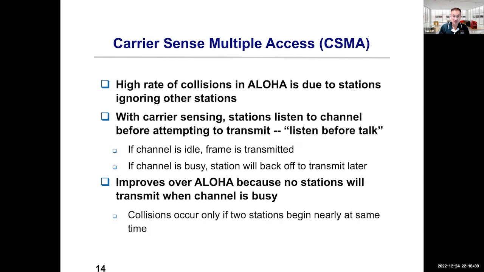That's why they created what they call carrier sense multiple access. It's a carrier basically sensing the medium, right? And there are multiple stations, all of them trying to access the medium. So you have to sense whether anybody is sending or not, right?